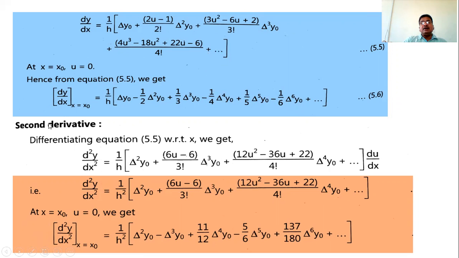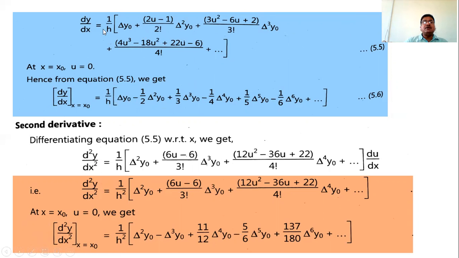So this is the first order derivative of y at point x naught, at the first point. So remember this formula. Then for the second order derivative, we differentiate this dy by dx again with respect to x.